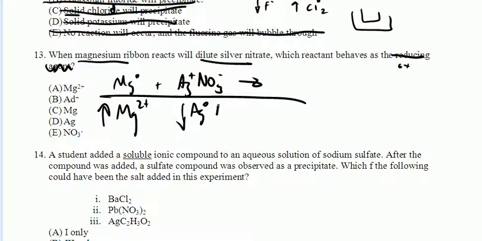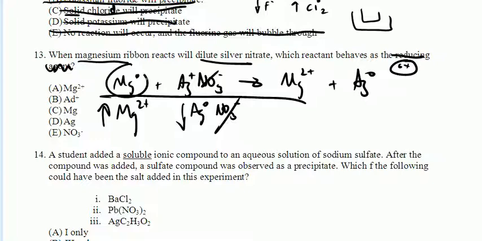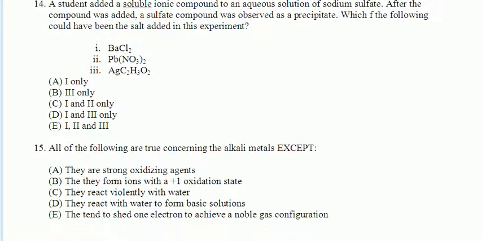Ag is going to go down to 0. NO3 is my spectator. Mg goes up to 2+ plus Ag. I'm looking for who is oxidized. That would be Mg, because it went up. So the answer is C. It said which reactant, so Mg, Ag+, and NO3 minus are my reactants there.